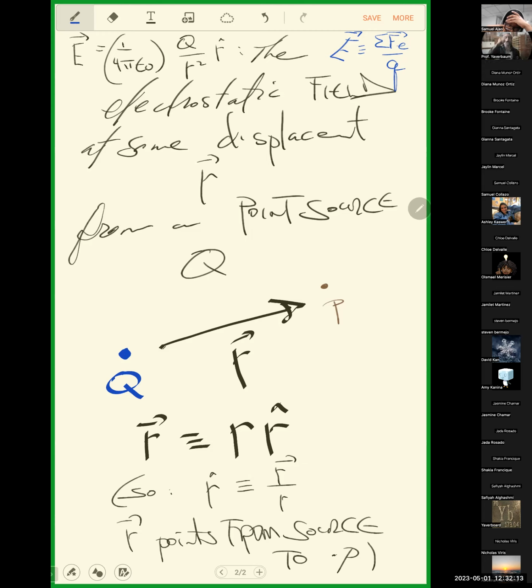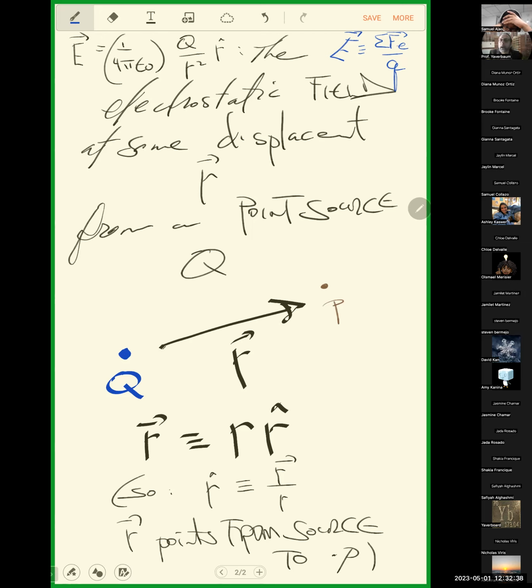The input is a place that you're looking at, what I will generally call a location of interest, the location that you're interested in, or what textbooks and websites will often call the field point, meaning a point in space that you're looking at to compute or investigate or measure the field.